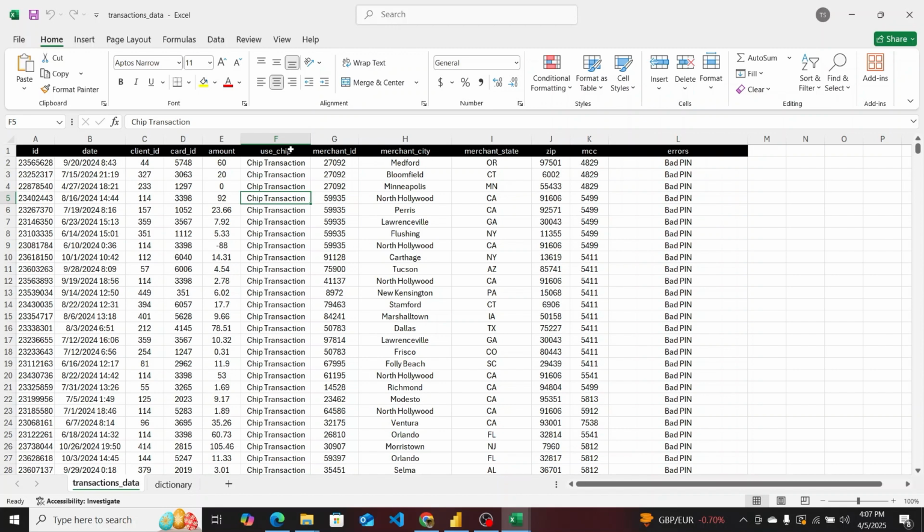Then amount of transaction, chip, either it is a chip transaction or not, merchant ID, merchant city, merchant state, zip code, MCC code, or merchant category code, and whether an error occurred or not. If an error occurred, then there is a type of error which they have provided there.